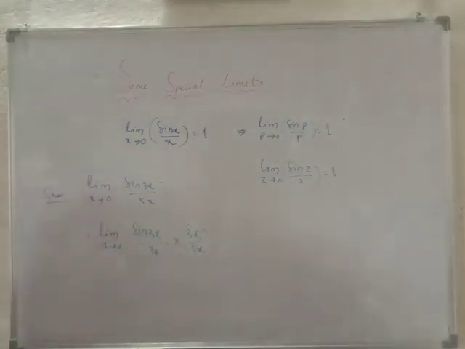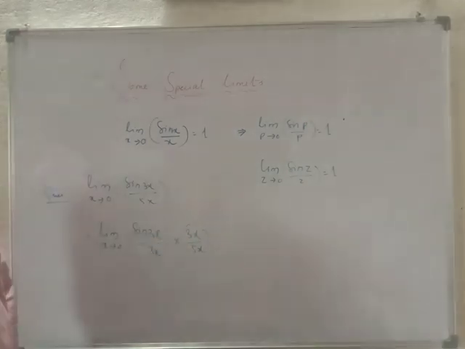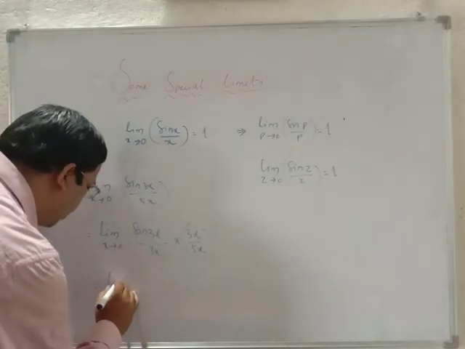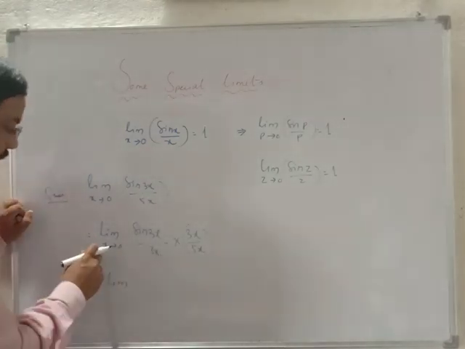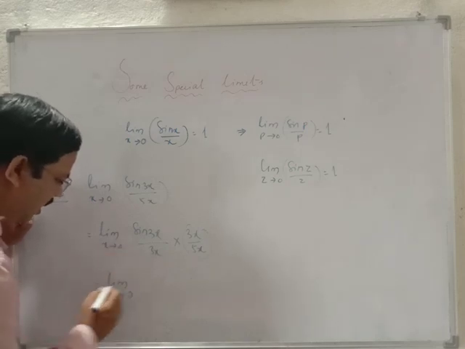We divide by 3x and again multiply by 3x. Now, x tends to 0 means 3x tends to 3 into 0, that is again 0.